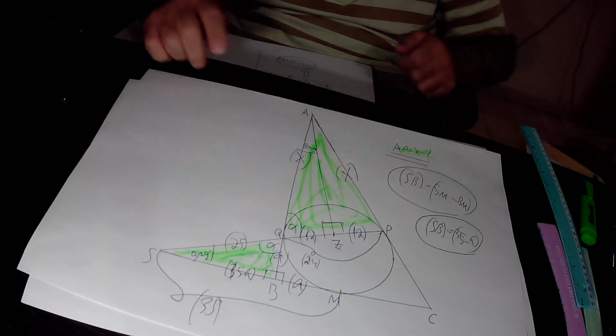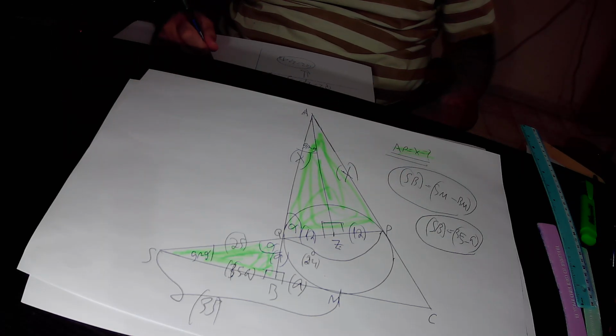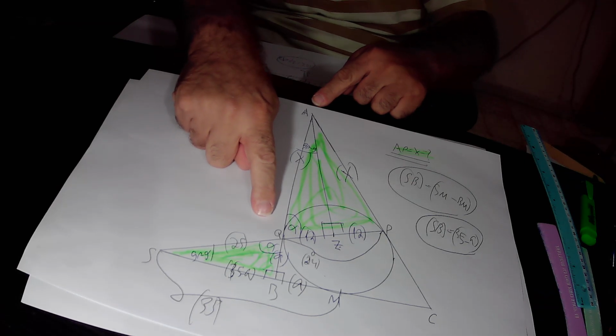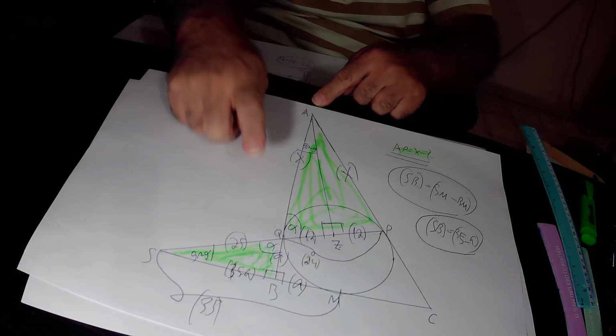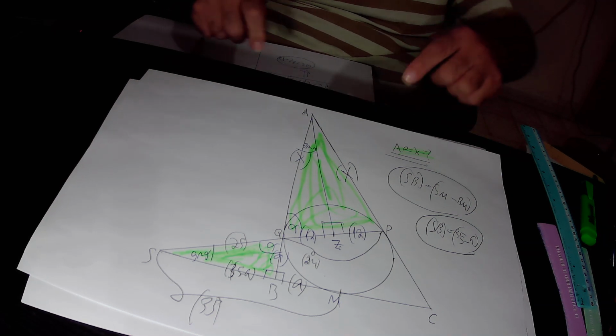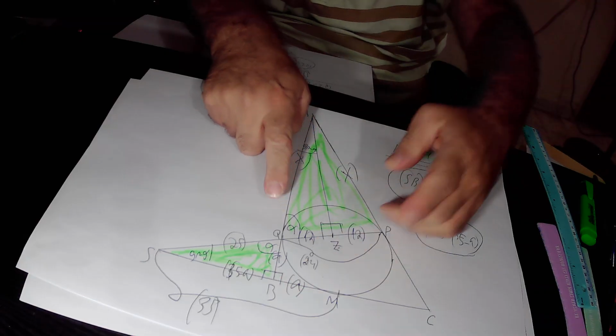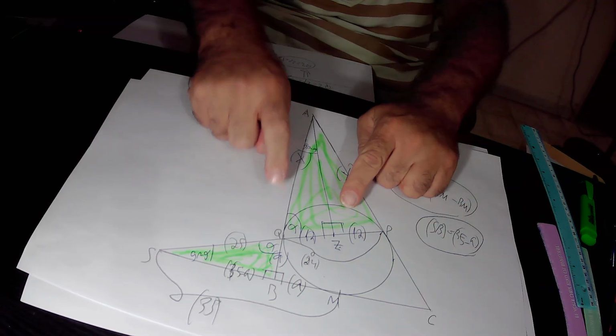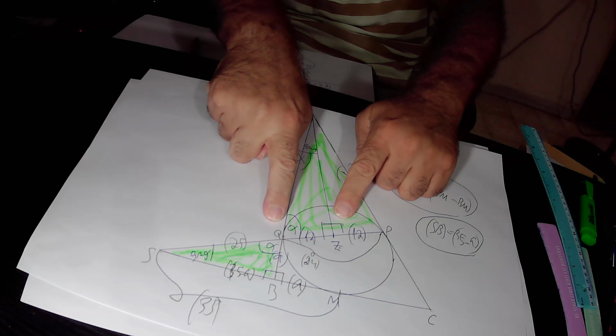SQ is 25, over AQ, that is the value we're looking for in this question, and it equals QB, which is A, over QZ, which is 12.